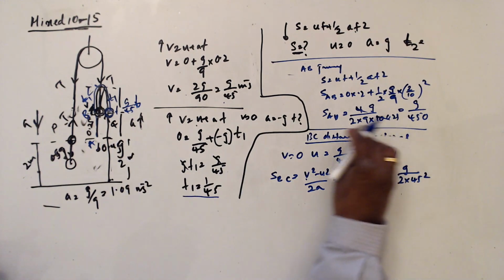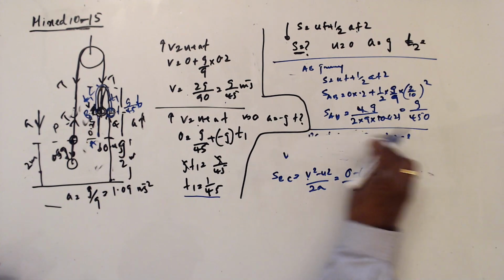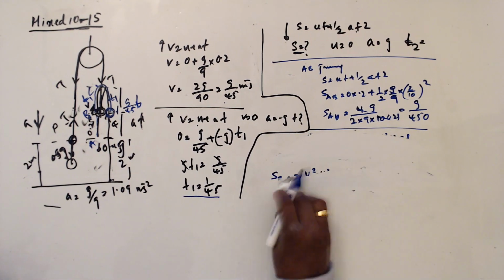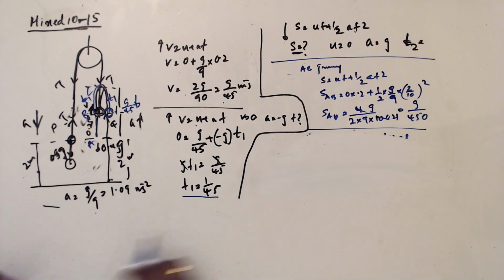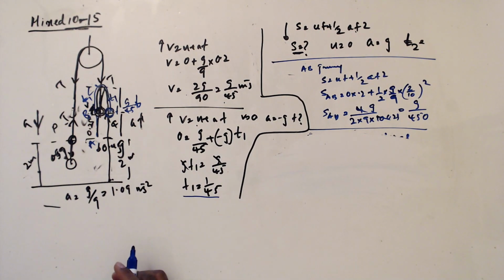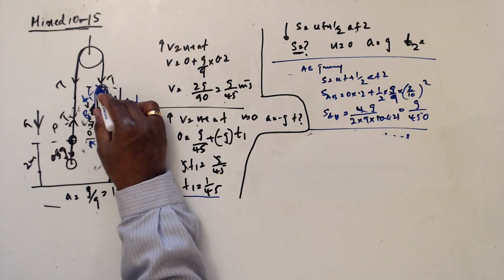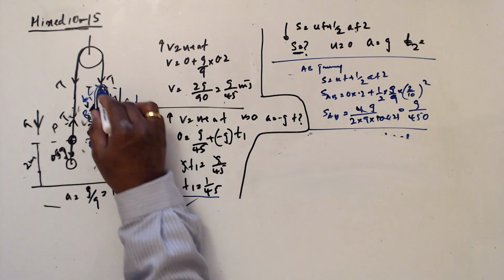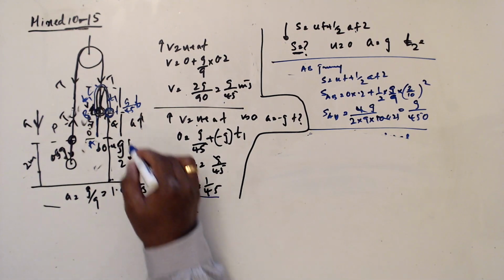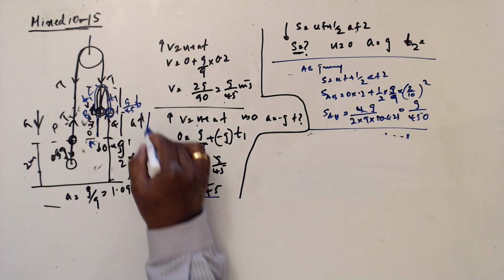So instead of getting these big numbers, we can work like this. Now we know this distance 0.2 from here to here is T1. We found out T1 coming back. So we'll consider only this journey from here to here.